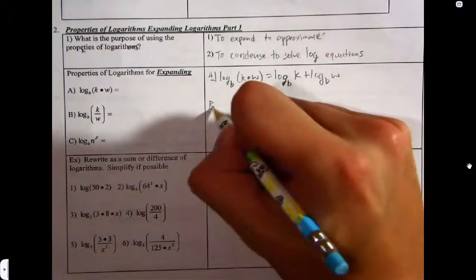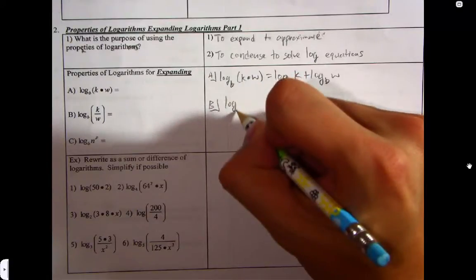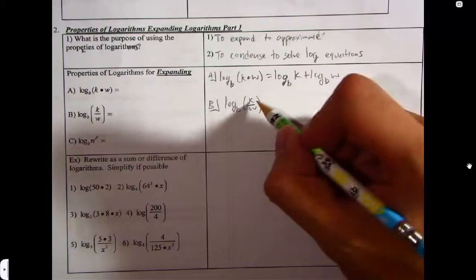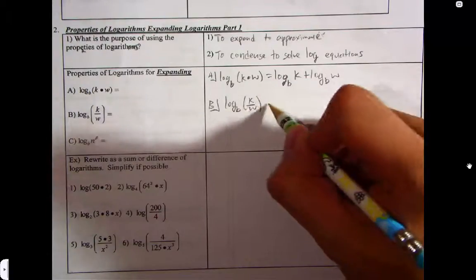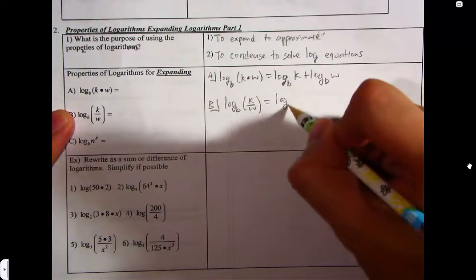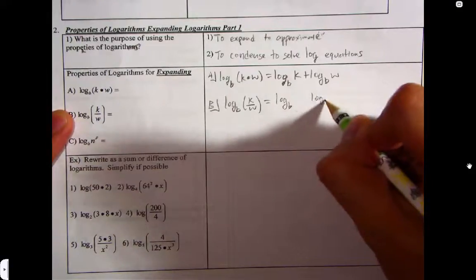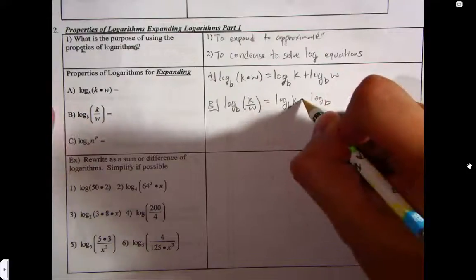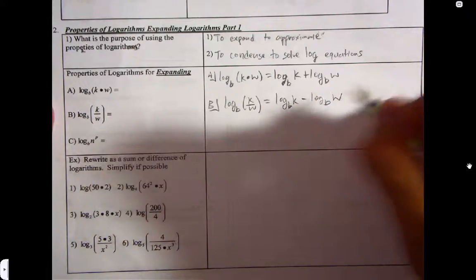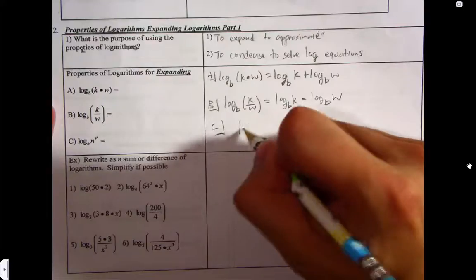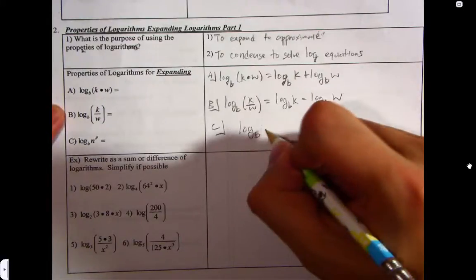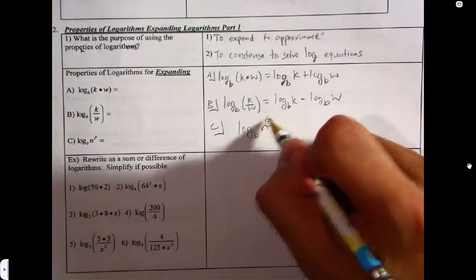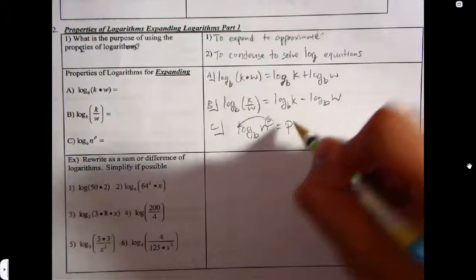The second property, whenever you take a log of a base b, k divided by w, there's 2 numbers here, so you're going to split it into 2 logs. Log base b, log base b. K goes first because k is on top. Since it's divide, you're going to subtract. C. You have a log base b of a number to a power. All you do is bring this power to the front and it becomes multiplication.